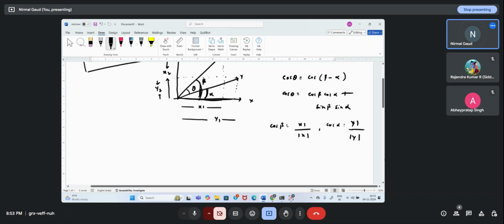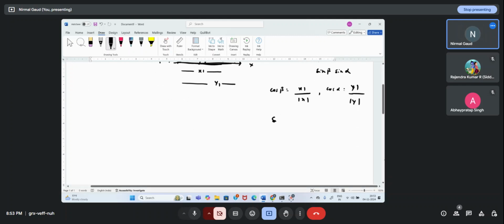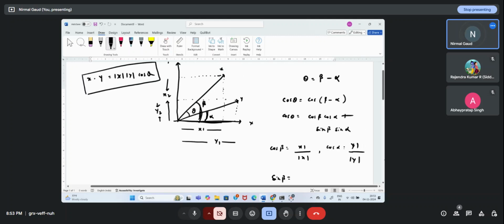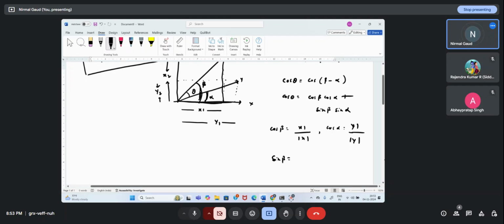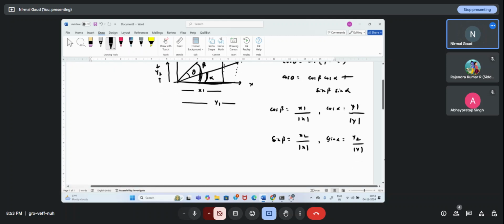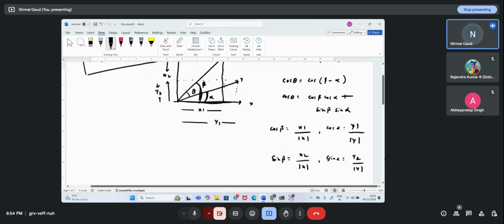Sin beta is equal to, you can check the perpendicular, x2 upon hypotenuse, so that is x2 upon magnitude of x. Then sin alpha is equal to y2 upon magnitude of y. Okay, so these are the values.